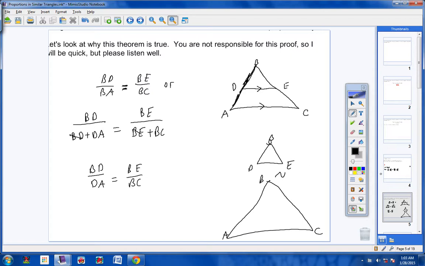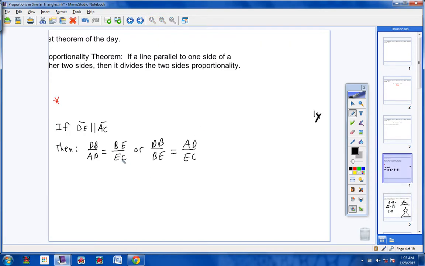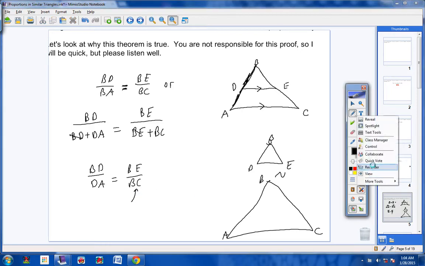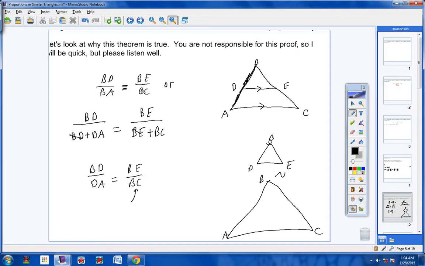So really, what I want to get right here is an EC, okay? I want to have an EC right here for my BC. So remember, whenever you have a proportion, you can swap these two, and it still remains a true statement. We talked about that. So BC goes here, and BD goes here.